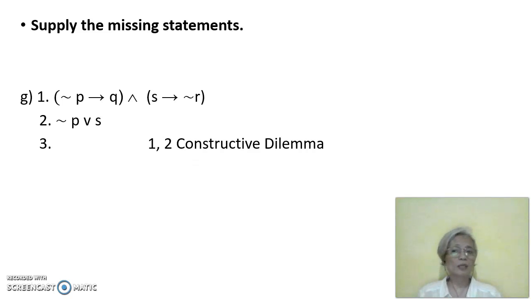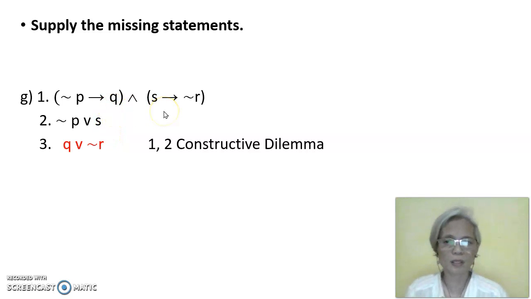Remember the formula for constructive dilemma: if you have P implies Q and R implies S, and if you have P or R, then you have Q or S. In our particular example, we have our P or R, therefore our answer would be Q or S, which is Q or not R. Our Q is also Q and our S is not R. That's our answer when we apply constructive dilemma to premises 1 and 2.